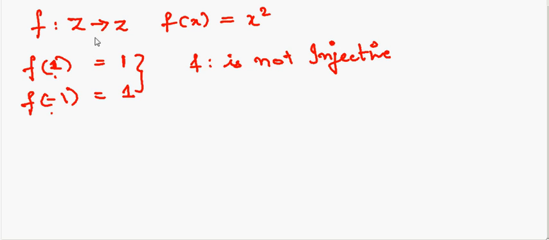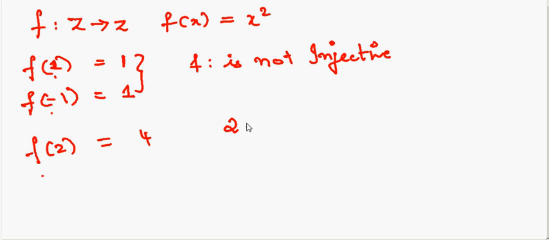Let's check for surjective. What do you mean by surjective? It means each and every element in y should be the image for some x. What about when I take f of 2 square? If I take f of 2, it will be 4.